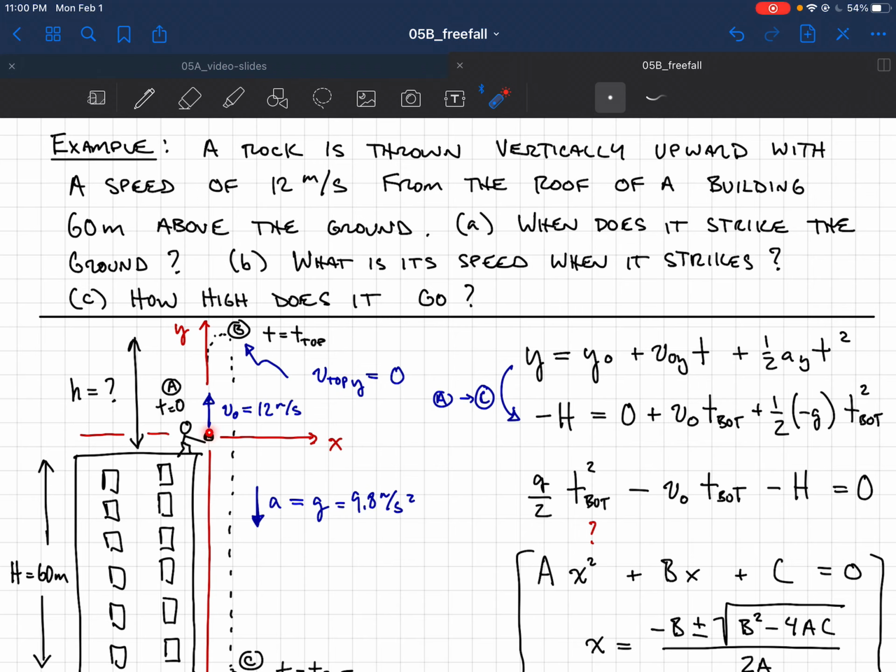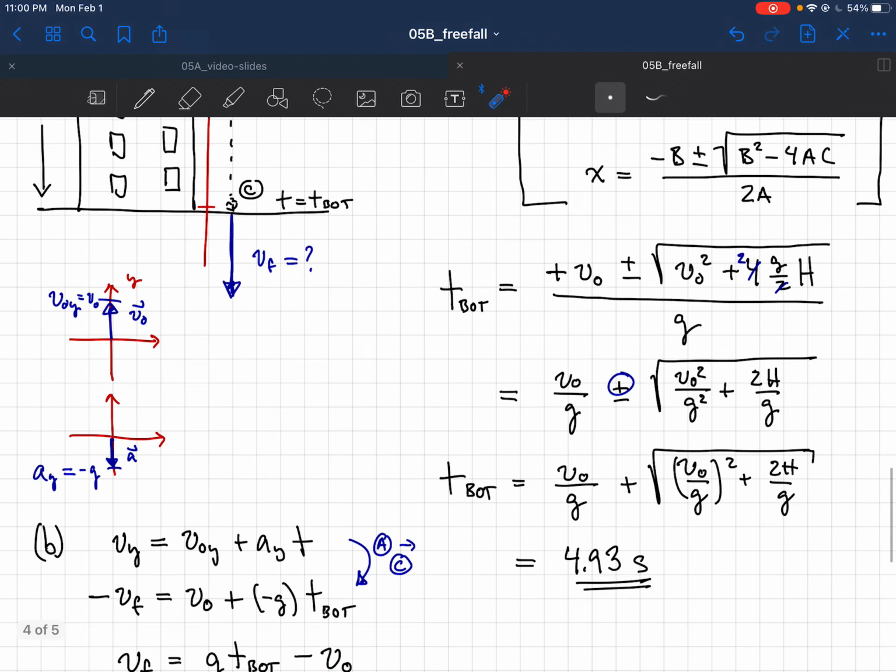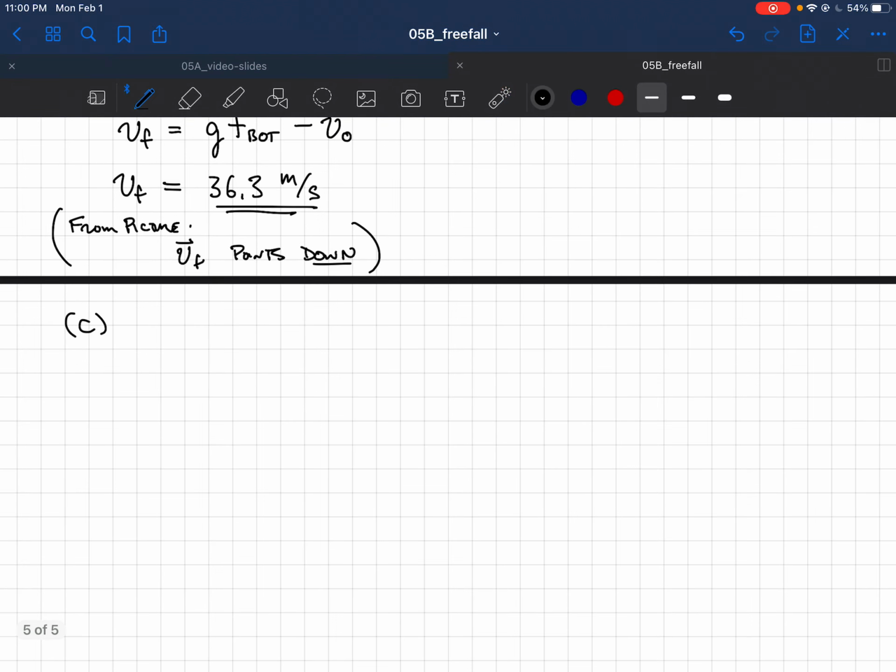But it turns out that in a problem where you don't actually have information about the time, if you want to relate distances to velocities, then it's useful to use that extra equation that we have for constant acceleration, which is, remember, v final squared minus v0y squared is equal to 2 a y times y minus y0.